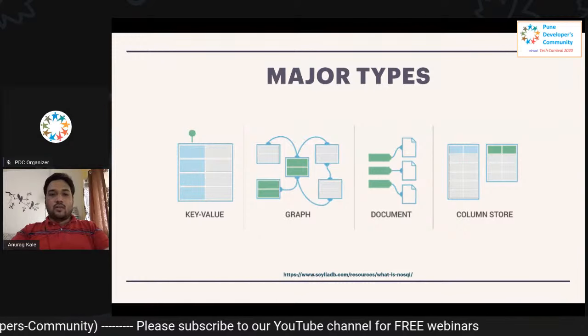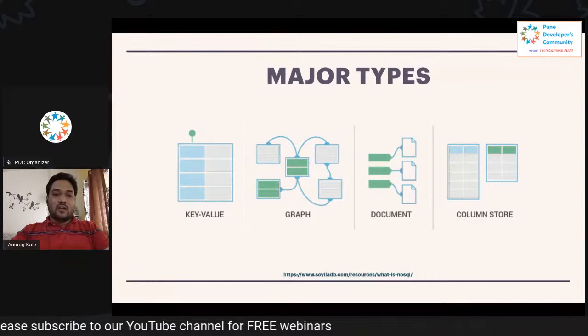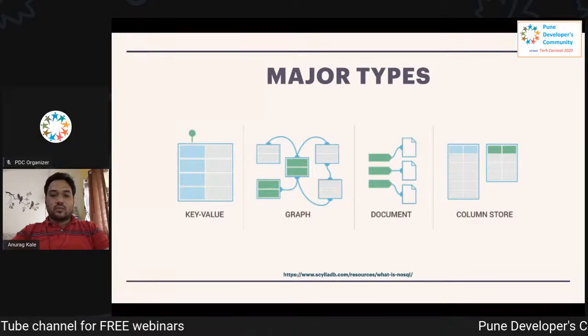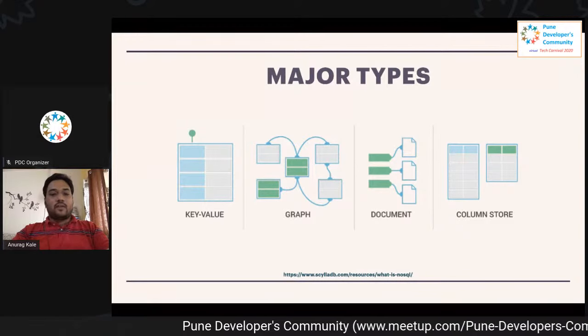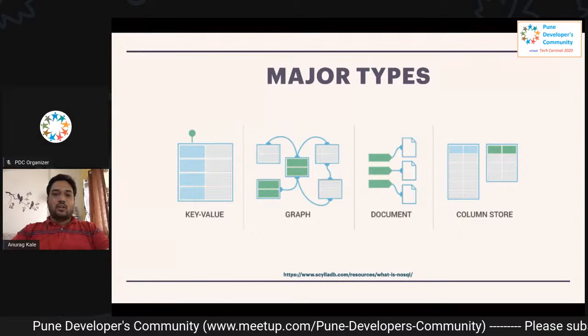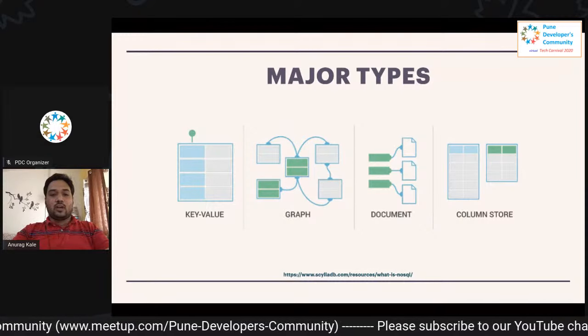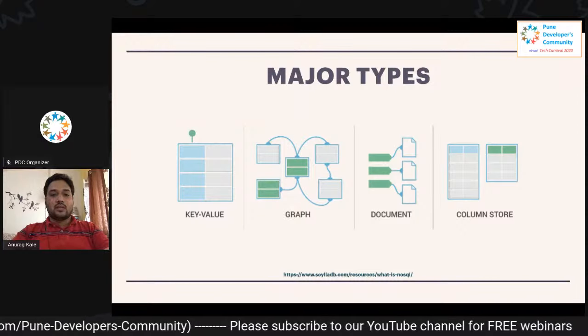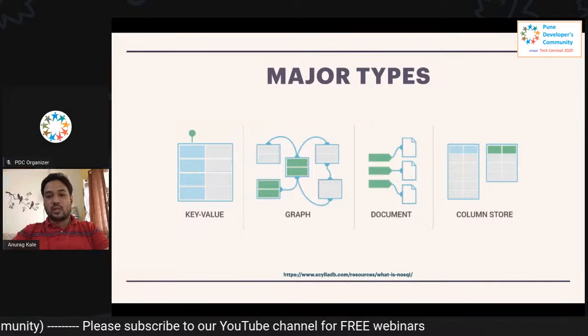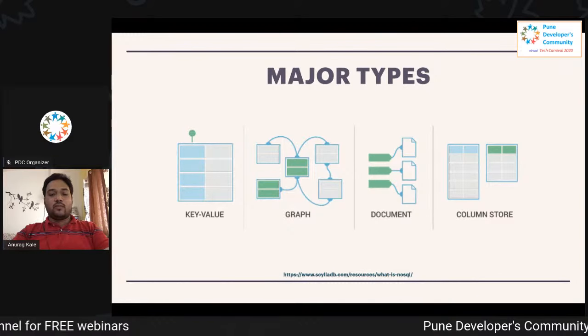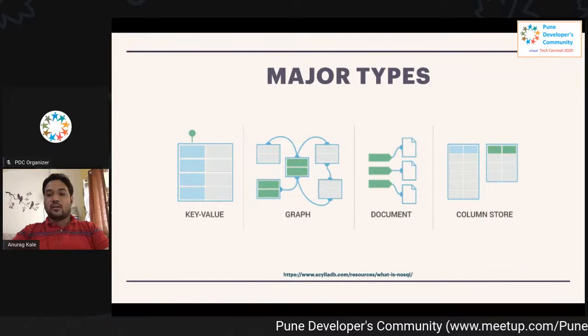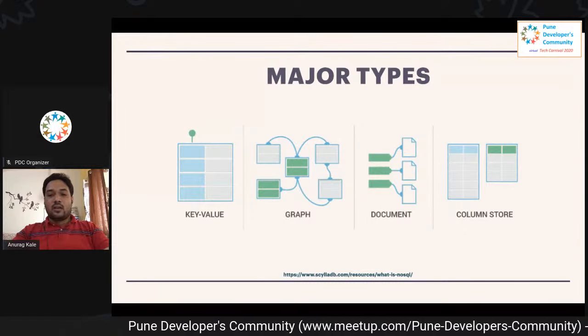To give you an example: DynamoDB, which we are going to see, is a hybrid of key value and document store. For graph databases, there is something called Neptune in the AWS world, or you can also see Neo4j, another graph database in the open source world. For column store, there is the very well known Apache Cassandra.